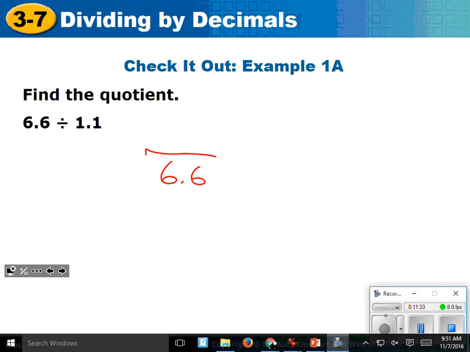Try it again. Move this over, move that over. You end up with a decimal here. When you do this, and you have a 0 here, look, if you have a 0 here and you have nothing left to bring down, you're done. Stop. Don't try to do any more. Okay?